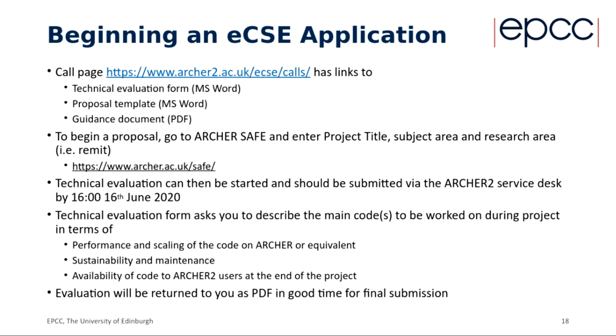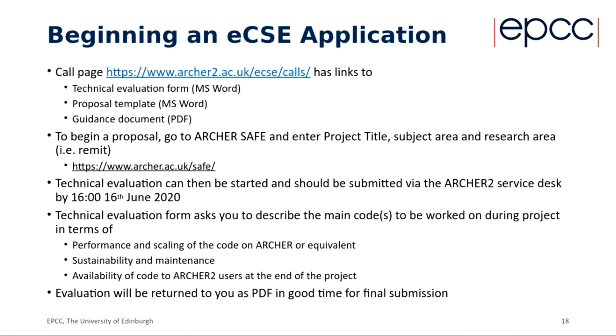So when you've clicked on that in the SAFE, that's enough to start a proposal off. You can then submit the technical evaluation document to the ARCHER2 service desk by the technical evaluation deadline. The technical evaluation form asks you to describe the main codes to be worked on during the project in terms of performance and scaling of the code on ARCHER or equivalent, sustainability and maintenance, and then the availability of the code to ARCHER2 users at the end of the project. We recognize here that obviously you don't have ARCHER2 yet, so you'd be looking at the performance and scaling of the code on ARCHER, say, or equivalent.